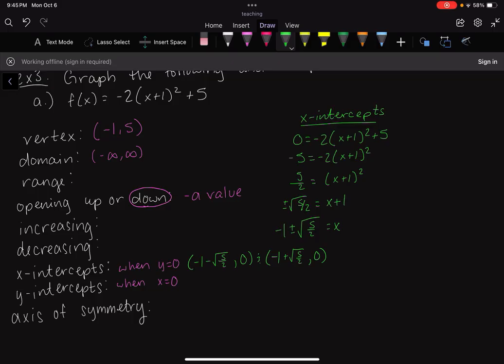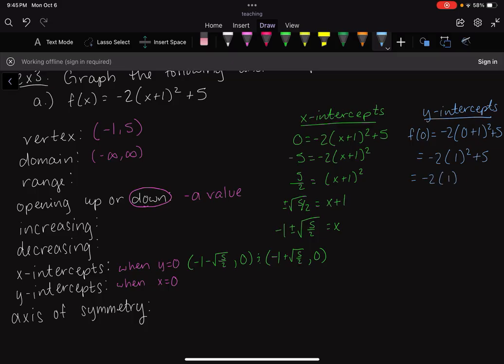For my y-intercepts, that's when the x value equals 0. So it's f of 0. So I get negative 2 times (0 plus 1) squared plus 5. Negative 2 times 1 squared plus 5.